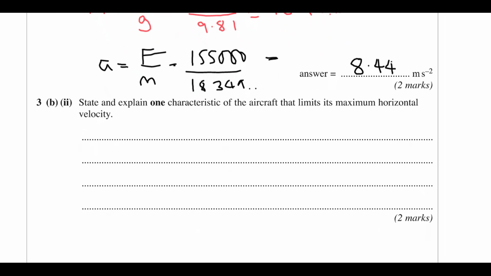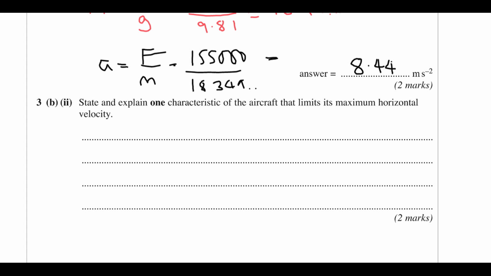State and explain one characteristic of the aircraft that limits its maximum horizontal velocity. This will be to do with air resistance, because at maximum velocity, forward force equals resistive force. Factors that affect air resistance would be the area presented to the air, called the frontal area. The velocity is another thing that affects air resistance, but it's not really a characteristic of the aircraft.